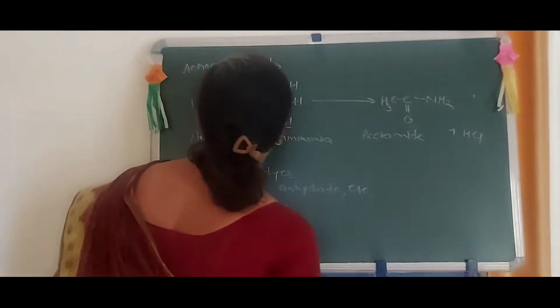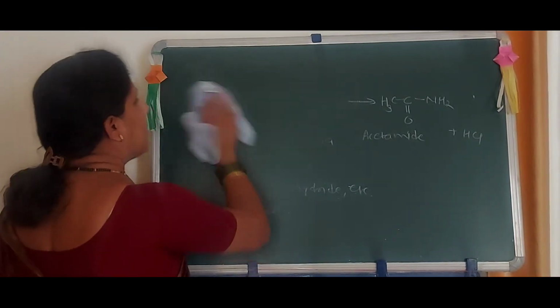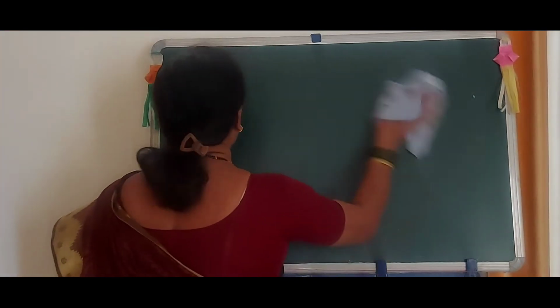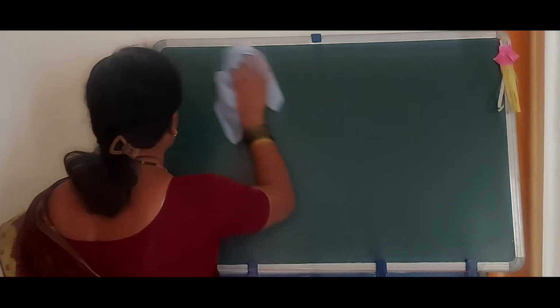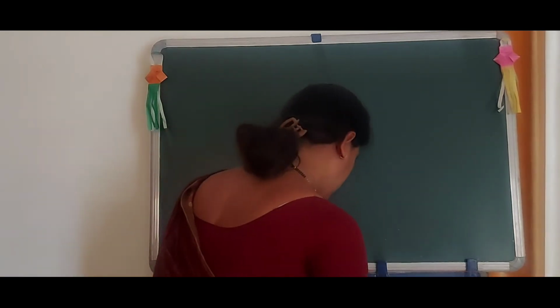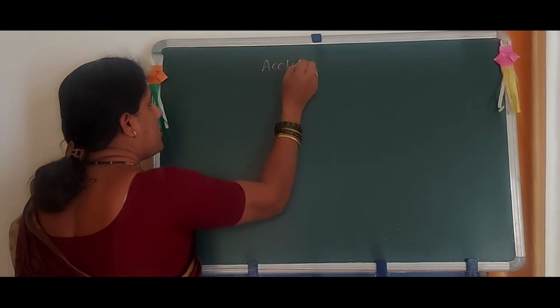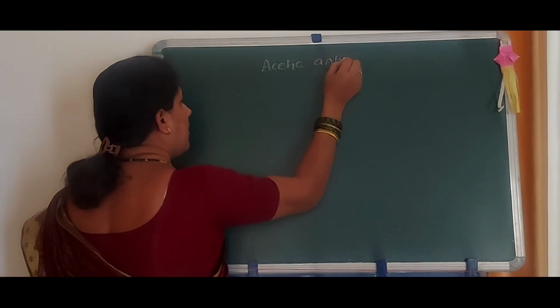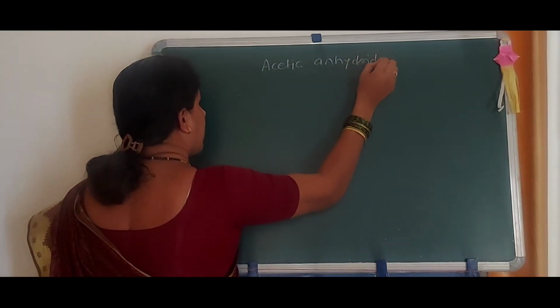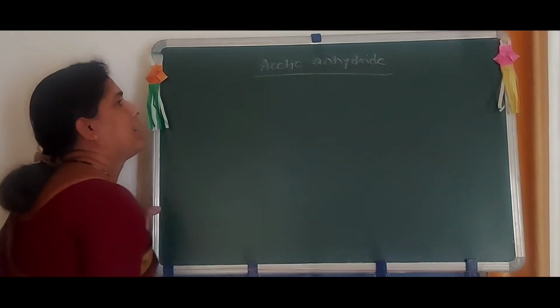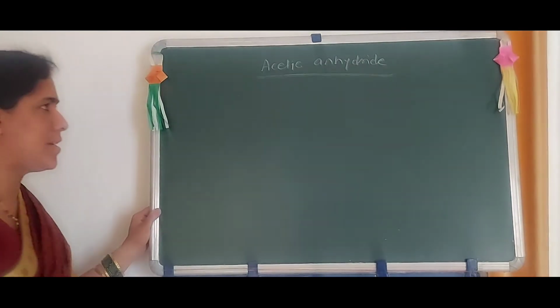Which is the second derivative? That is acetic anhydride. This is the next carboxylic acid derivative.